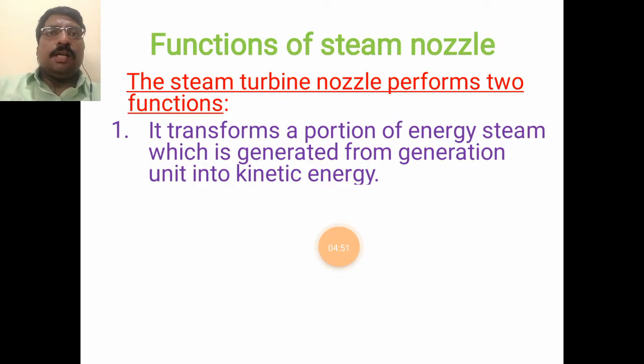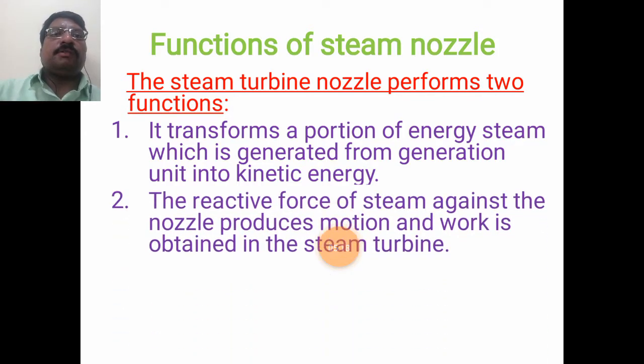In the nozzle, the high pressurized steam heat energy is converted into kinetic energy, and that high kinetic energy jet is passed to the turbine. So one of the major functions is transformation of energy.